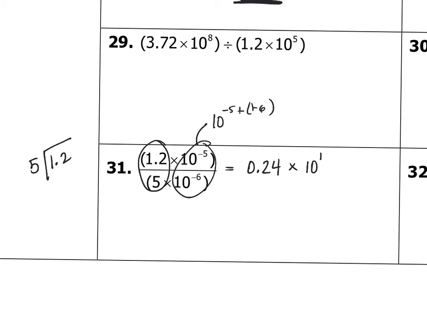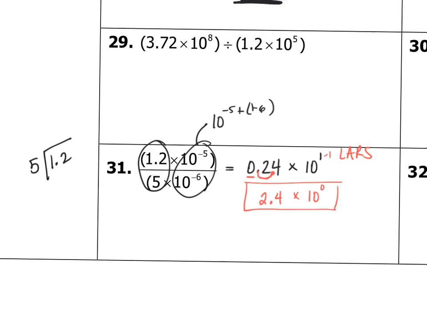But our final answer is not in appropriate scientific notation because that's not a non-zero digit in front of the decimal. So left add, right subtract. We're going to move this right one. Since I moved it right one, I subtract 1, and I get 2.4 times 10 to the 0 power.